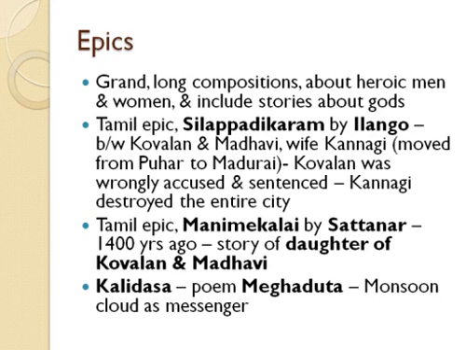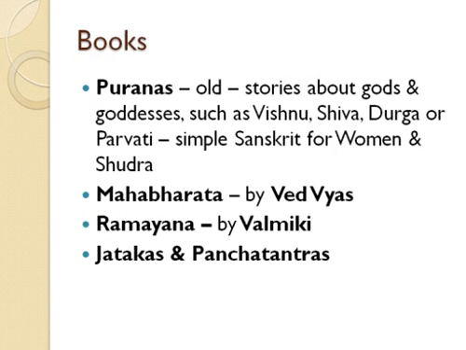This beautiful composition was lost to scholars for many centuries till its manuscripts were rediscovered about 100 years ago. So this was about it. And also the poem by Kalidasa named Meghaduta was very famous, which tells us about the monsoon cloud as a messenger. So let me tell you something more about the books during that time.